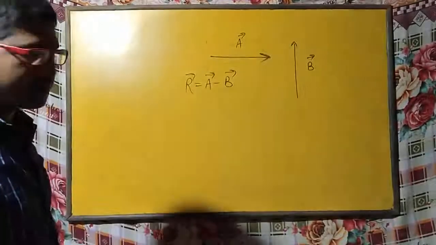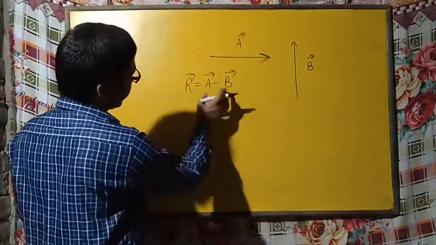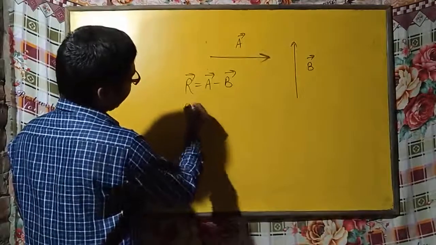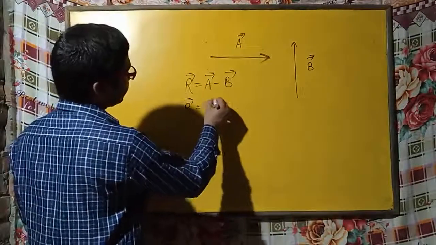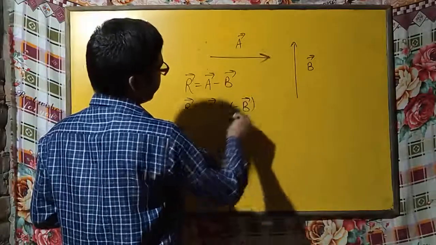For this purpose you can write this equation like this: R vector is equal to vector A plus minus vector B, right?